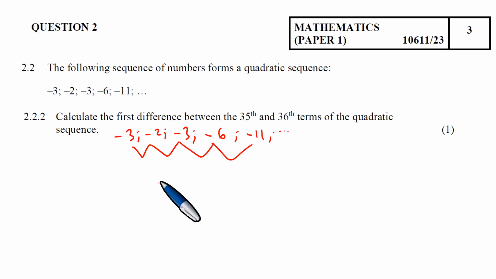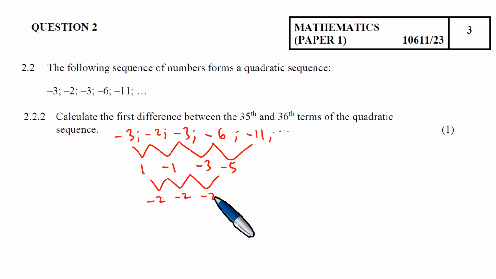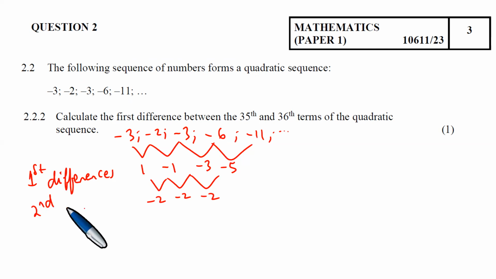The difference here is 1, here it's minus 1, here minus 3, and here minus 5. These are the first differences. And this one is minus 2, minus 2, and minus 2. So these become the second differences.